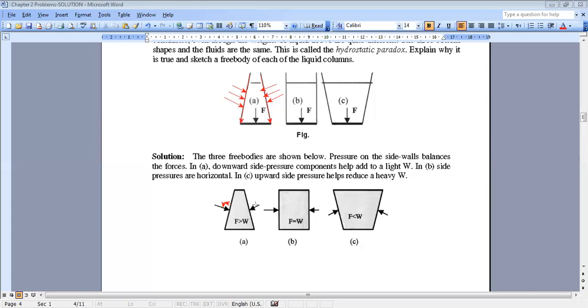Now, in addition to these two forces, you have the weight of the fluid, of course, and you have the force of the bottom surface on the fluid. And by the principle of action-reaction, if the fluid is exerting on the bottom surface a force equal to rho g h times A, then the bottom surface will exert on the fluid the same force magnitude, but in the opposite direction.